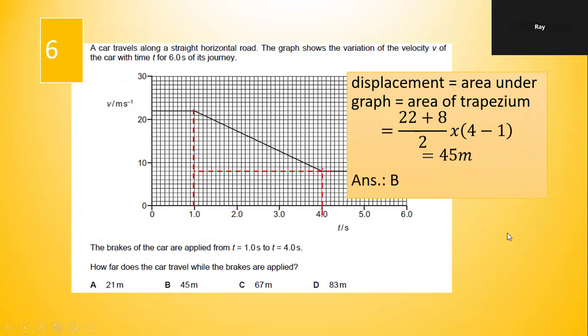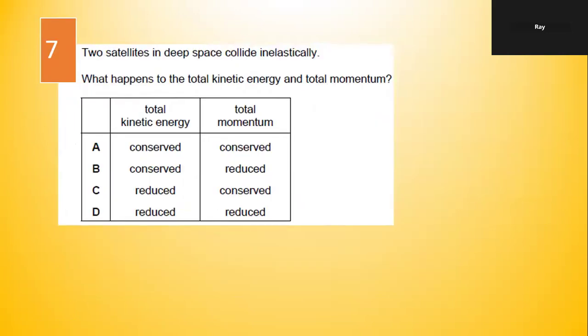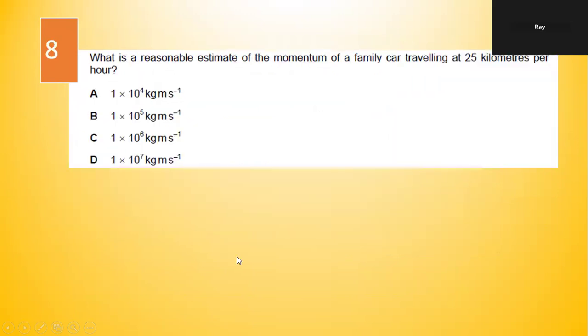Okay, B. Okay, what's the answer? C. C, okay. Total kinetic energy is reduced. Total momentum is conserved. Momentum is also conserved in any collision.